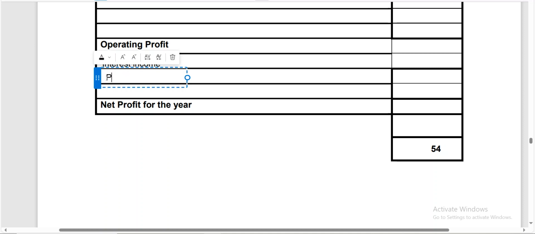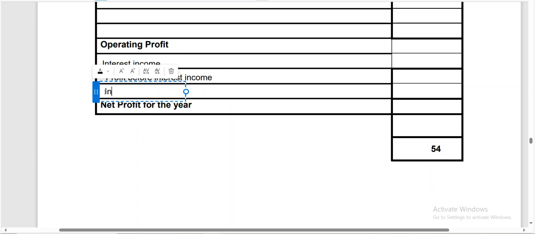Here we'll have profit before interest income here. And then next we would have our interest expense. So remember, you must know what the note for interest expense includes. Okay, so we'd have interest expense here.